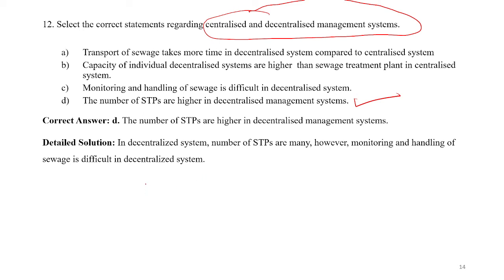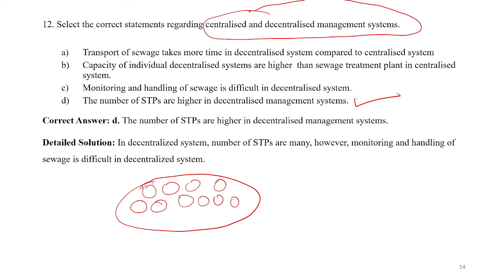Centralized system means, if you have a community with, let's say, n number of small subscale communities, and you are collecting sewage from each subscale community and then taking it into treatment in one STP, it is called a centralized system.